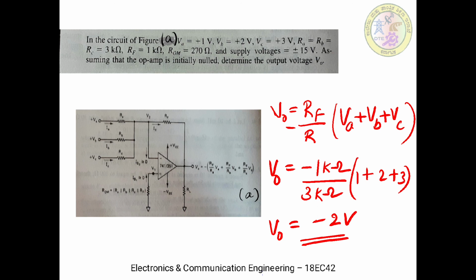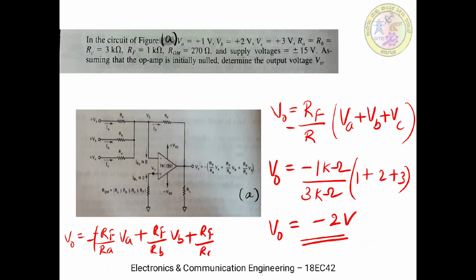Now in the same problem, if different values of resistors are given, like RA not equal to RB, RB not equal to RC, then we will make use of the original equation. What is that basic equation? V naught will be equal to minus RF by RA into VA plus RF by RB into VB plus RF by RC into VC.